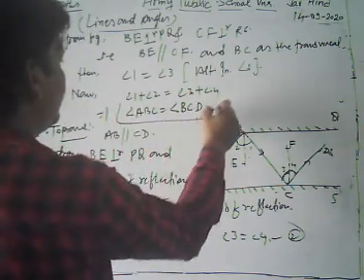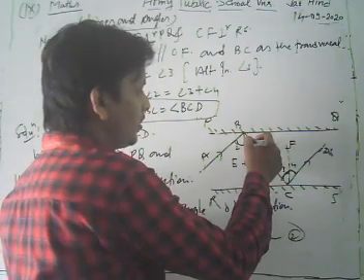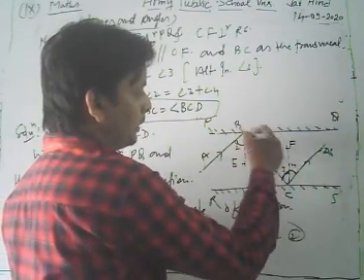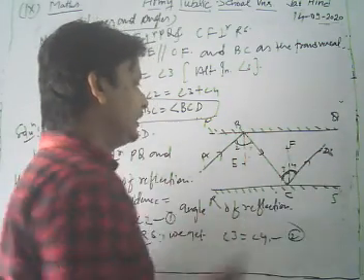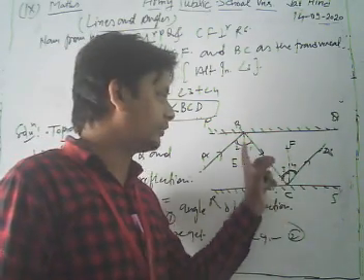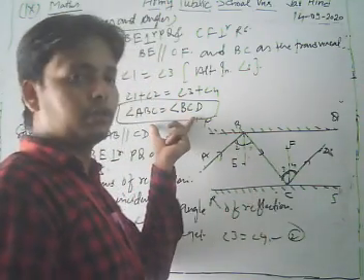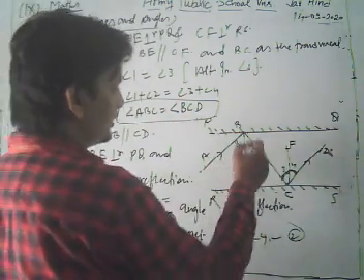Dear student, if angle ABC is equal to angle BCD, then they are alternate interior angles. They are equal to each other and cut by the transversal BC.